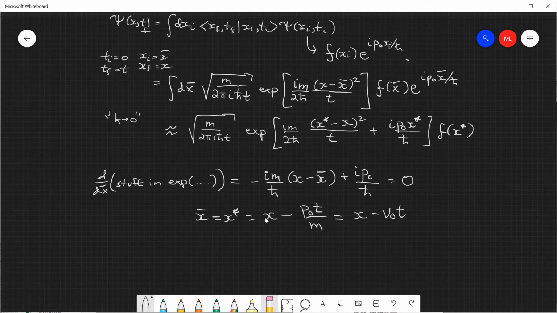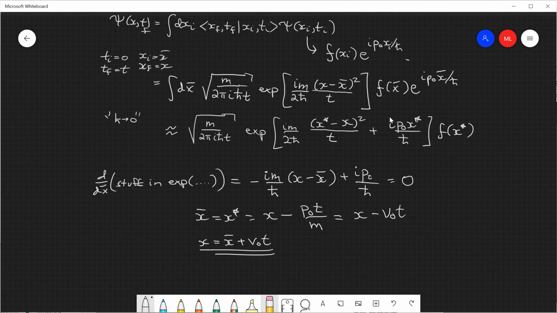The x bar, or if you want, x, the final point we're looking at is related to the initial point, x bar, via plus v naught t, just a linear function of time. And that makes perfect sense because this is a free particle. So if we start it with some initial momentum, some initial velocity, then in the classical limit, it should just go in a straight line with time according to its initial velocity. And that's what this tells you.